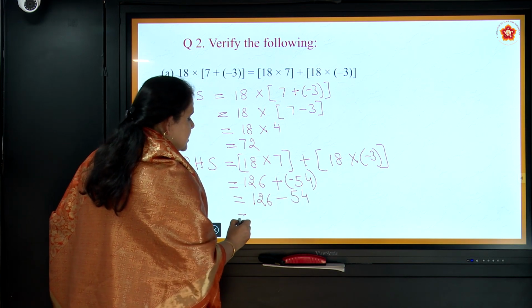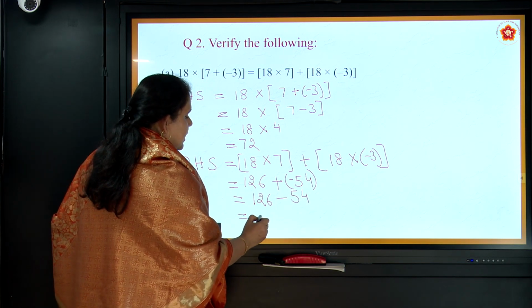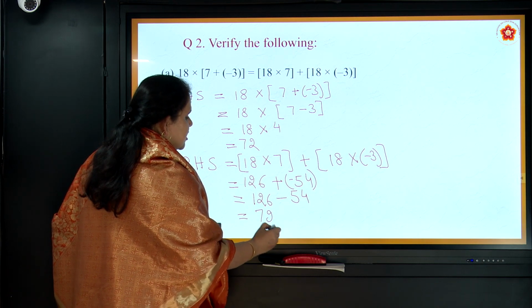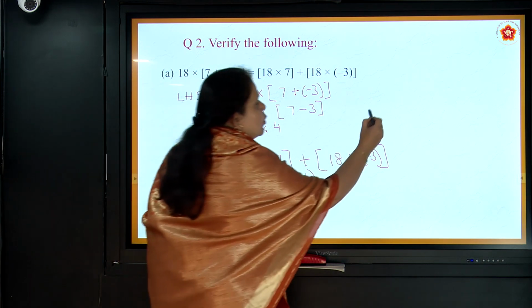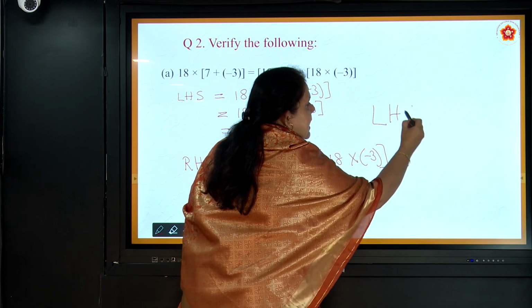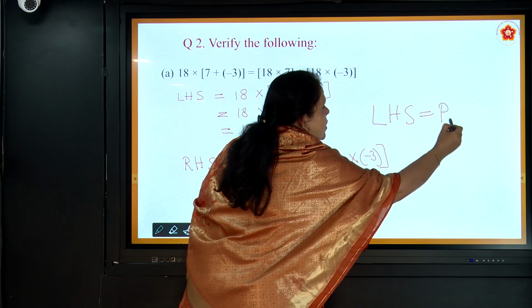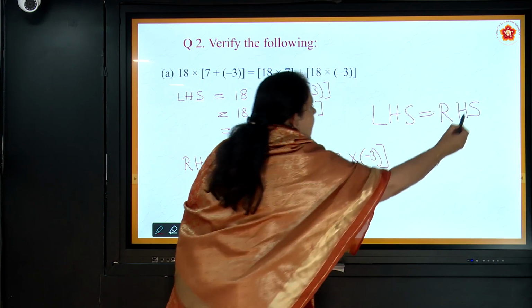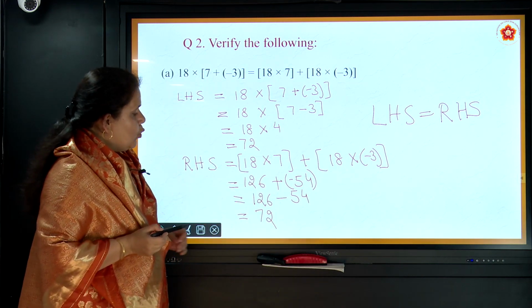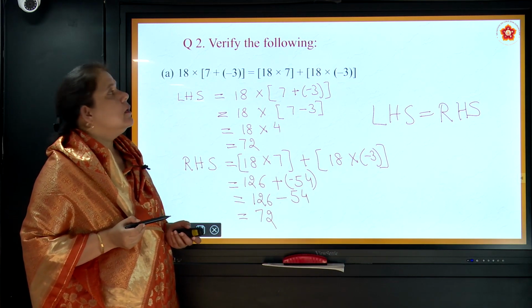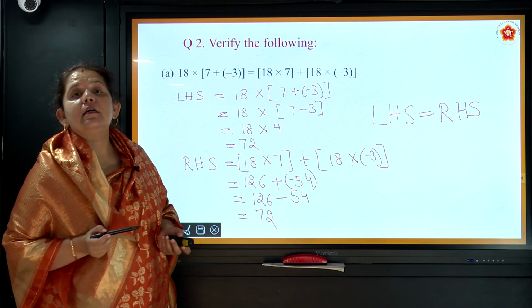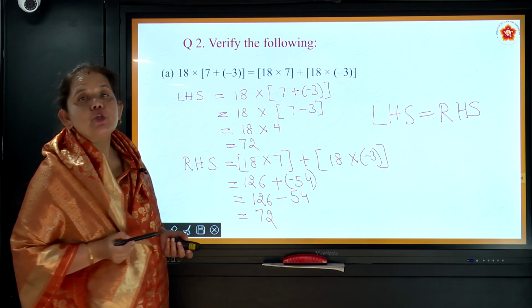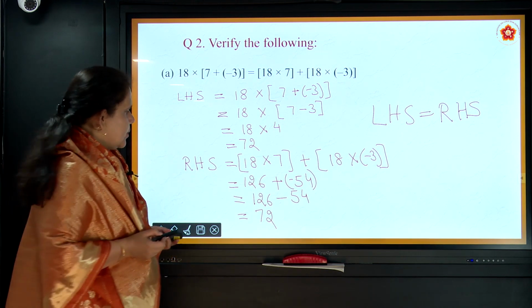So 126 minus 54, it gives us 72. Hence we have proved that left hand side is equal to right hand side, and it also proves that the distributive law is true for integers.